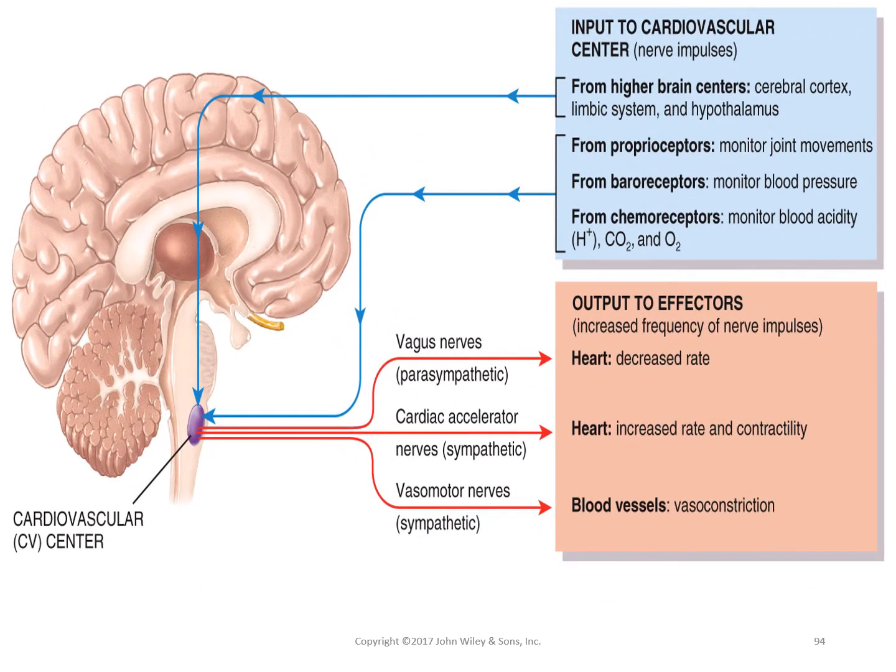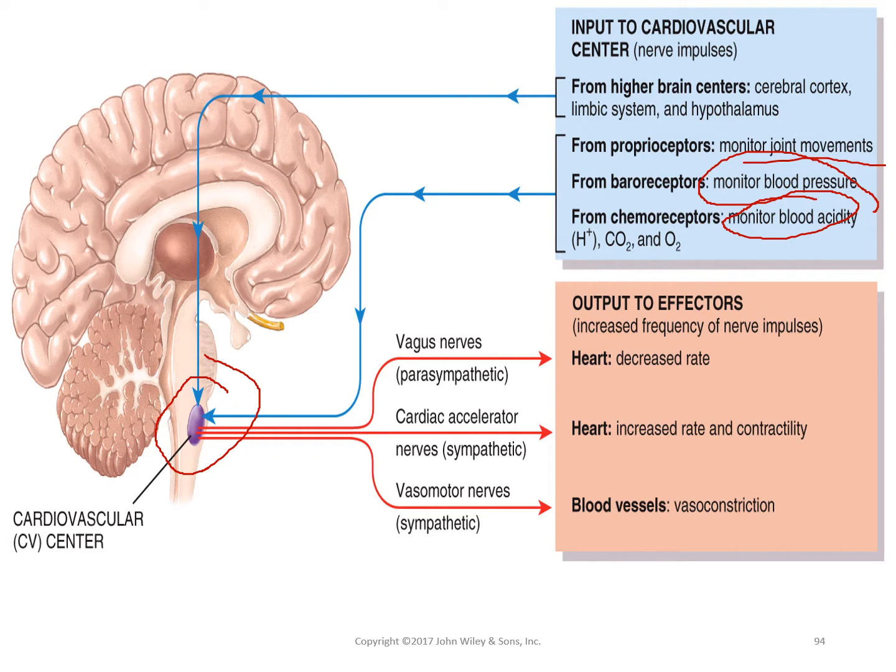As you can see, one of the main areas for control of the cardiovascular system is right there in the medulla oblongata. It monitors blood acidity, blood pressure. It could even monitor joint movements.